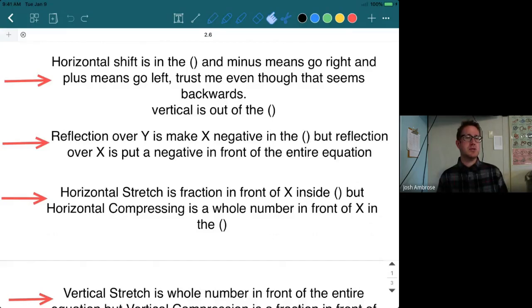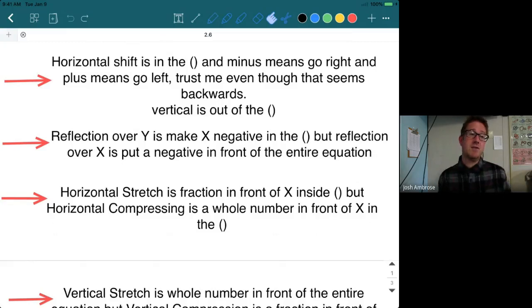A horizontal shift is when you are inside the parentheses, and then you will notice minus signs, like x minus, and then they'll put a number. When they say minus, that actually means go to the right. And when they say plus, then that means go to the left. I know, as I said, trust me, it seems backwards. It's not. So remember that part.